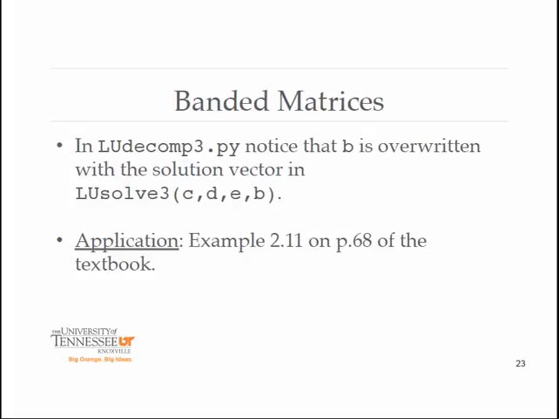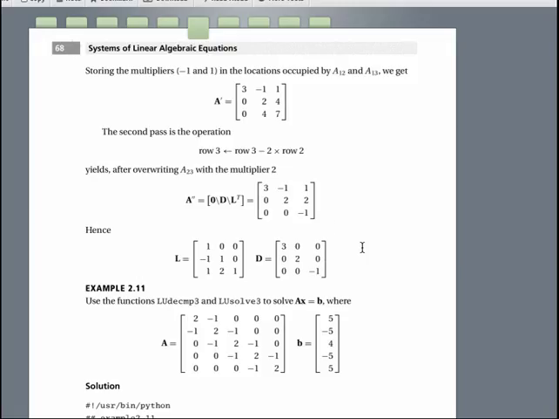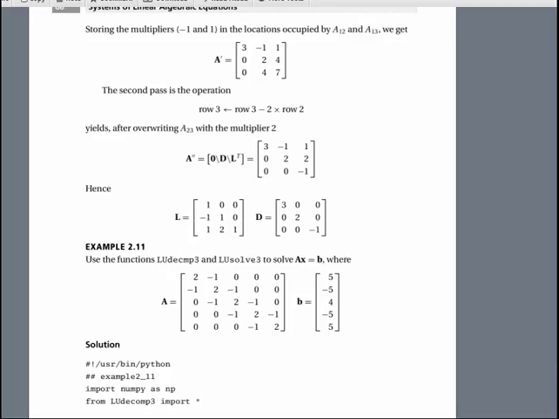If we look at that example on page 68, they give you a particular matrix, illustrated here in its full representation as a 5 by 5 matrix. But clearly you'll notice a diagonal of all 2's, a subdiagonal of -1's, and a superdiagonal that is all -1's as well.